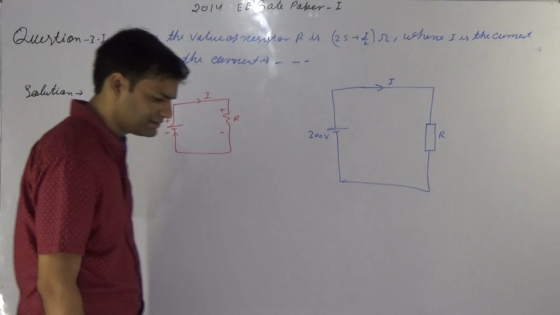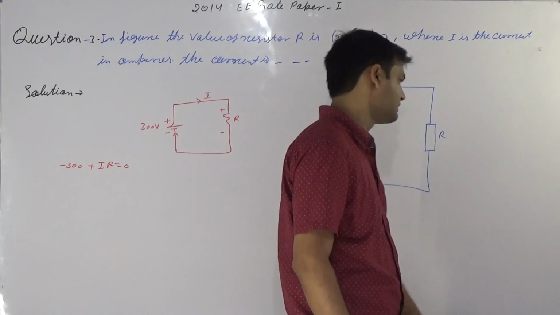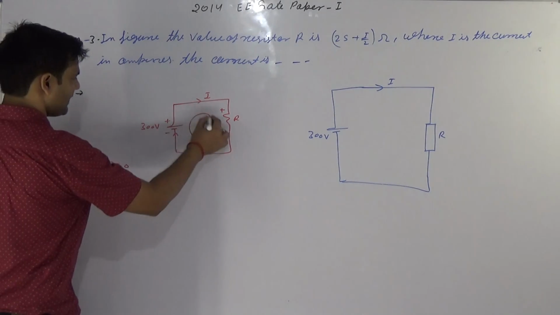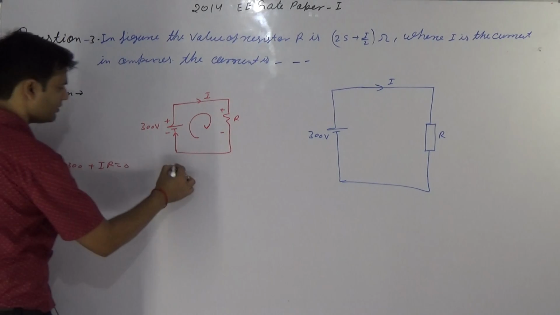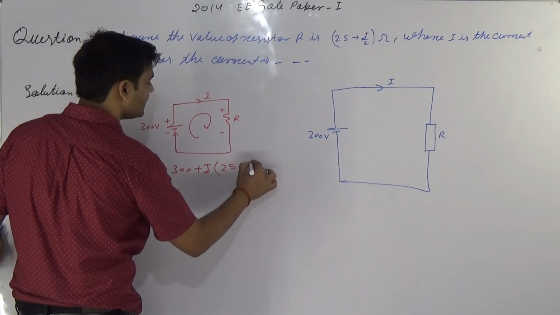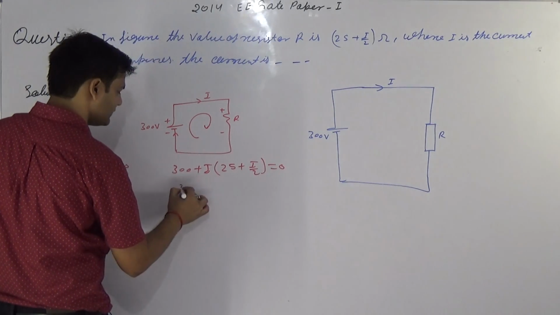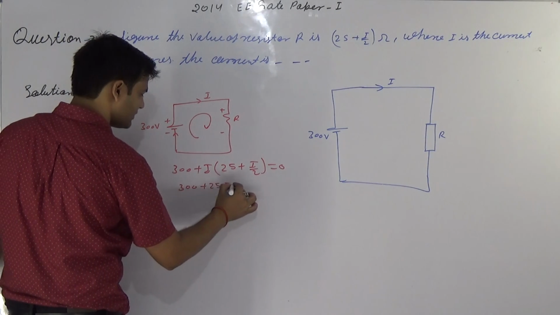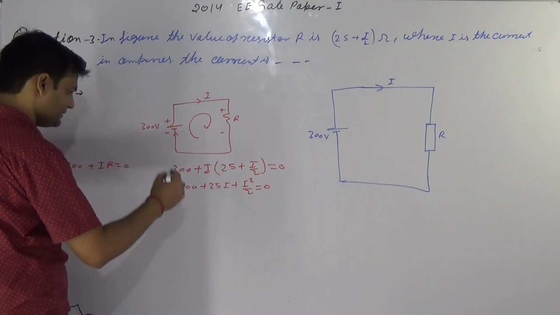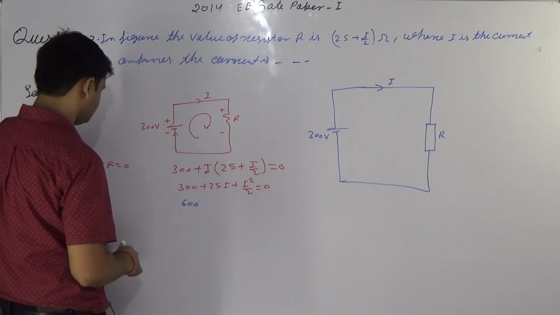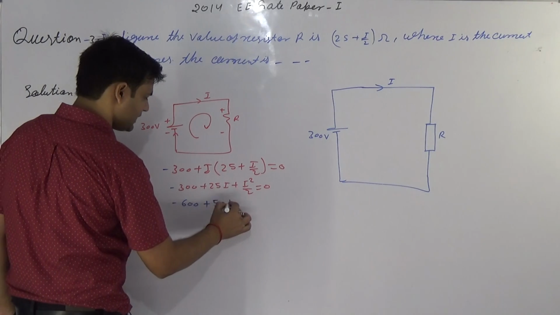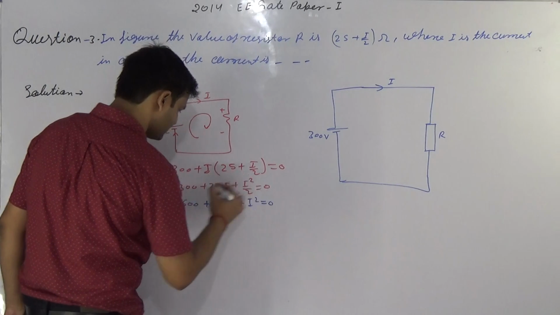First of all, R is a non-linear resistance, because it depends upon I. Apply KVL: minus 300 plus I times (25 plus I by 2) equals 0. So minus 300 plus 25I plus I square by 2 equals 0. Multiplying by 2: minus 600 plus 50I plus I square equals 0.